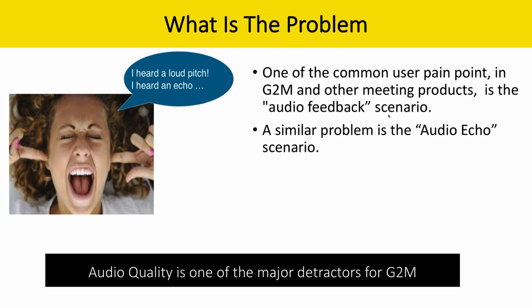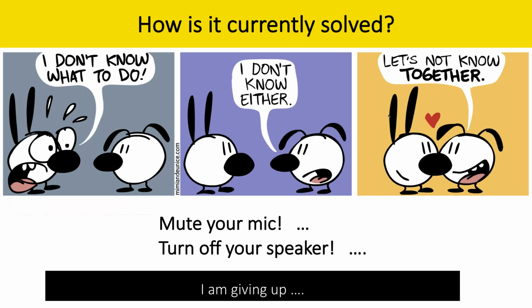You get this loud pitch when multiple people in a conference join the same meeting with multiple devices. All these devices play the sound against each other, and it's very annoying. Similarly, there's a related problem in a different scenario, where you hear the sound of yourself repeating, an echo. They are generated in a similar way, with multiple audience devices in the same conference. It's really annoying, and I'm pretty sure almost everyone has experienced it.